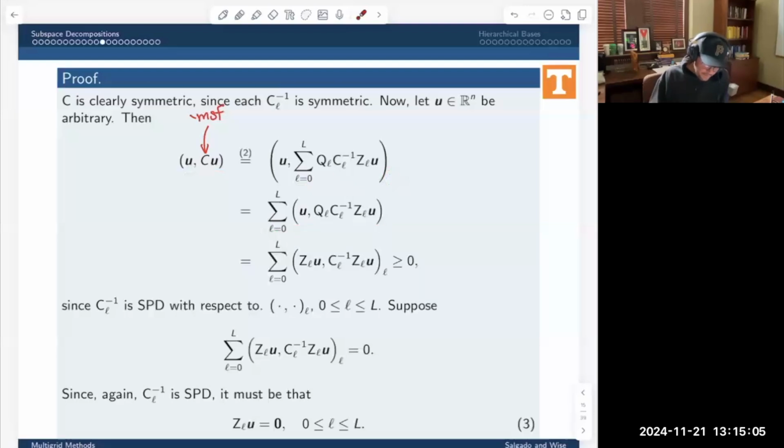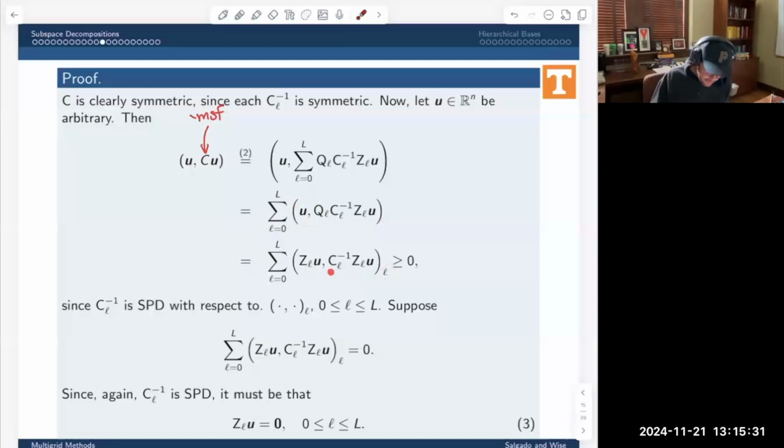And now I'm going to throw this Q_L over to the other side. When I throw the Q_L to the other side, it becomes a Z_L, and I have to switch from R^n space to R^{m_L} space. Okay, so bottom line is I've got to add this subscript L. Now, each one of these quadratic forms here turns out to be a positive quadratic form, or at least a non-negative quadratic form.